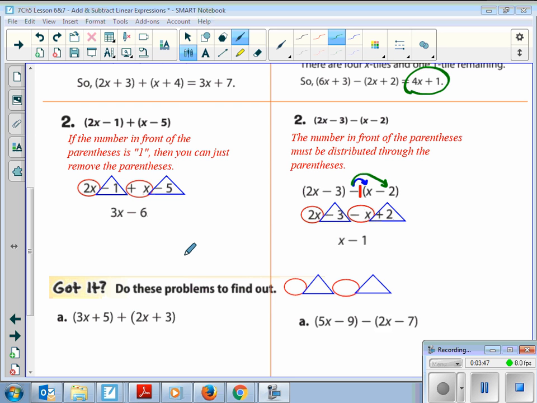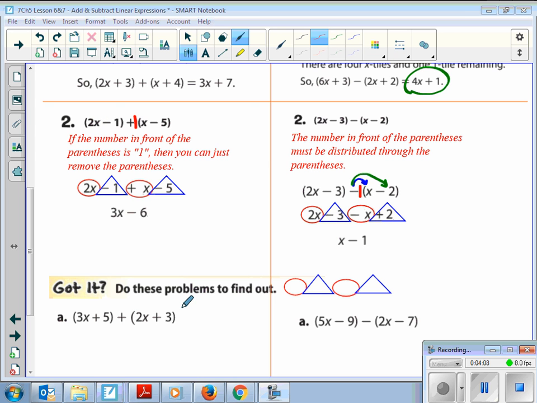Now, when I say the number in front of the parentheses is 1, does everybody see here? This says plus the quantity x minus 5. There's no number in front of the parentheses, so that means this is going to be 1.